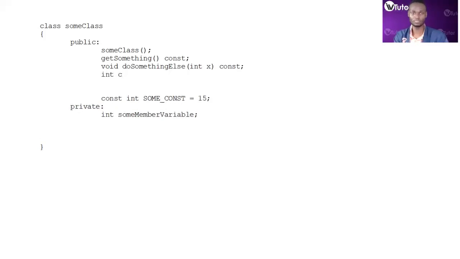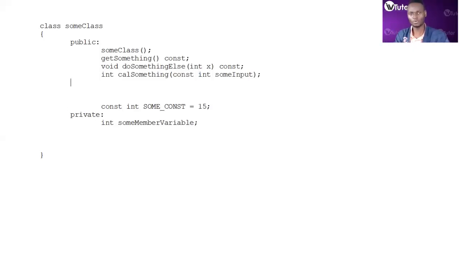Int calc something int constant int some input. The other place you see constant is behind an argument within a function, like you see with your big three.